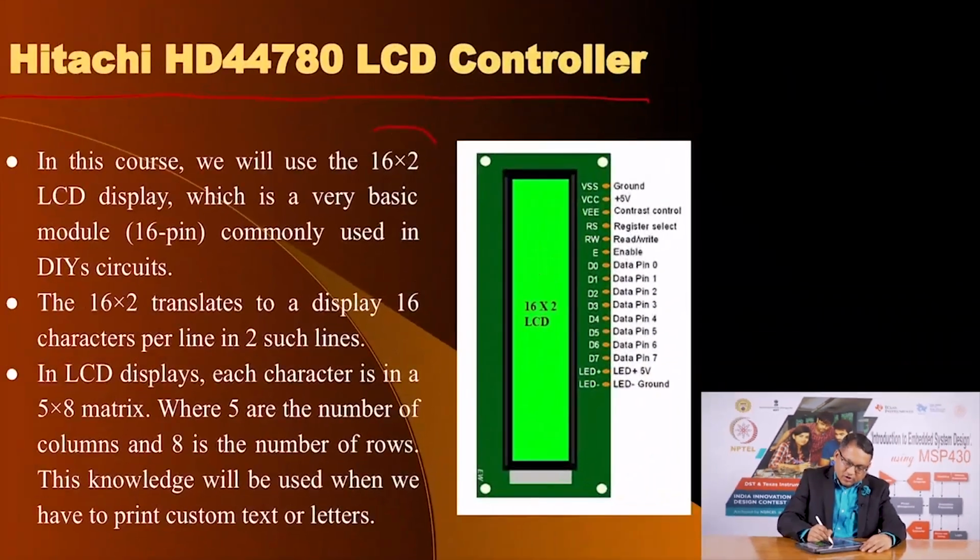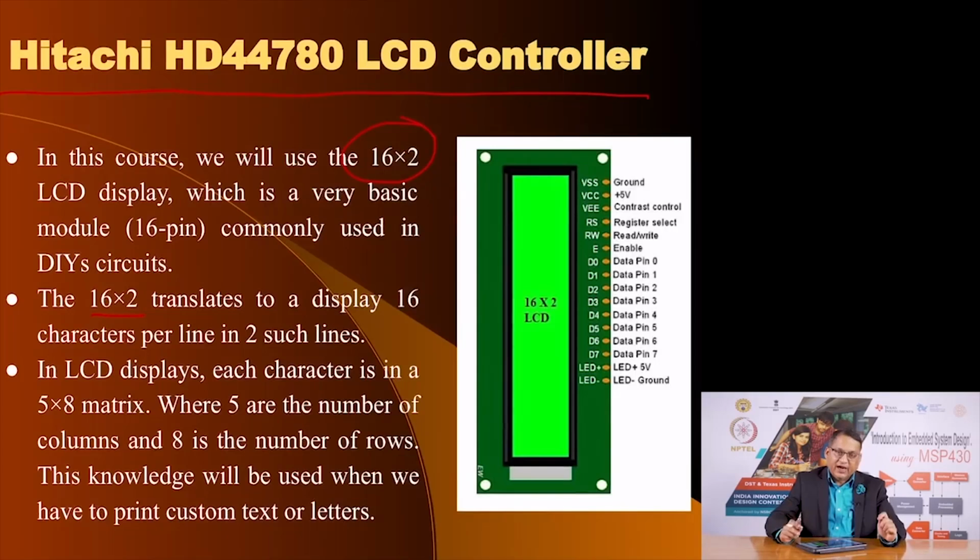In this display, the one we are going to use in our experiment, we are going to use a 16x2 LCD display. This is the most common display that is available, and therefore the cheapest that you can find. The 16x2 translates to 2 lines, and each of the lines allows you to display 16 characters. Each character can be displayed in a 5x8 matrix, which means that for a 16x2 LCD, how many pixels does it have?